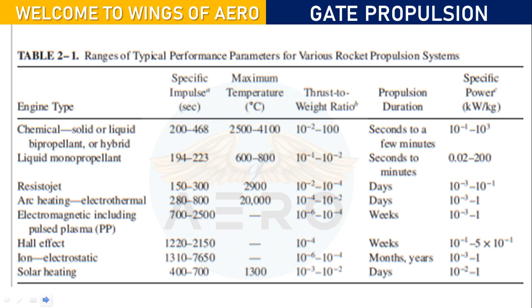Then comes the chemical. Among the chemical, first will be the cryogenic, then liquid, then solid, then hybrid, right? Then the monopropellant liquid. This will be the sequence. So you have to identify and choose the answer accordingly, right? Clear?